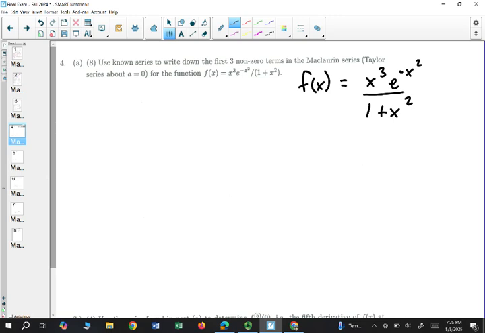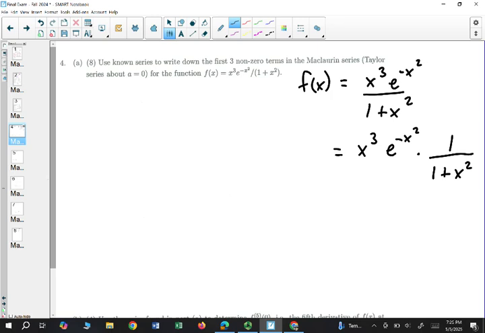And then another way, after looking at it a little bit further, is we have x cubed times e to the negative x squared, and we could rewrite this as times 1 over 1 plus x squared.